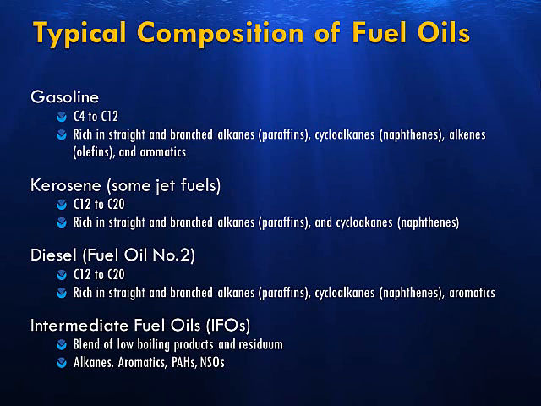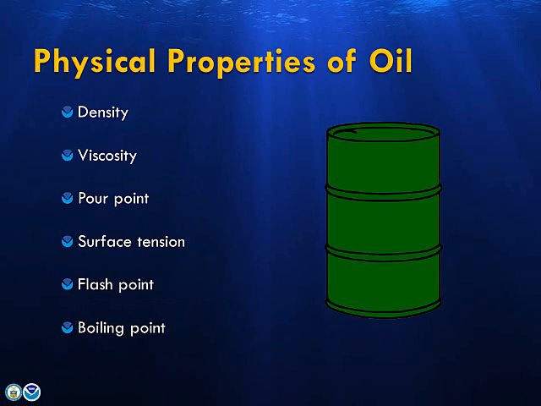Kerosene and diesel are going to be fairly similar, and intermediate fuel oils, you know, it's going to be a heavier oil, but sometimes in the marine industry, it's blended with some sort of cutting element to thin it out for purposes of using machinery. But they're all going to behave a little bit differently. They're going to have different properties.